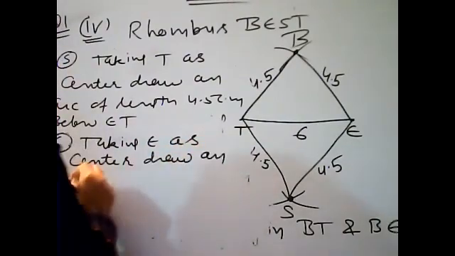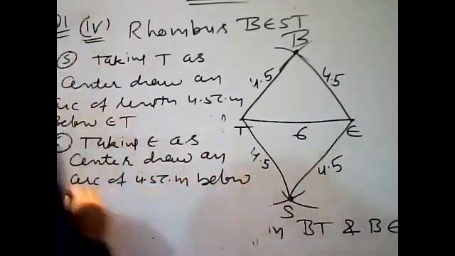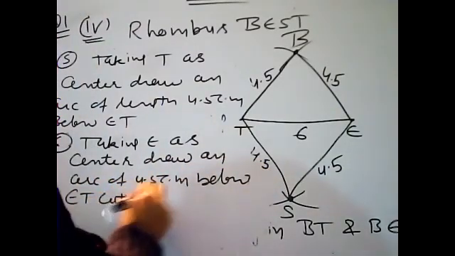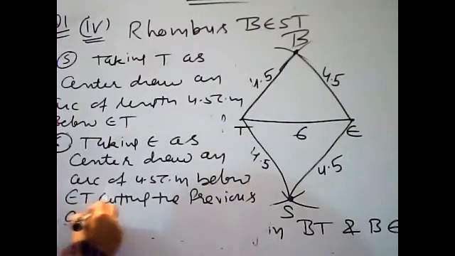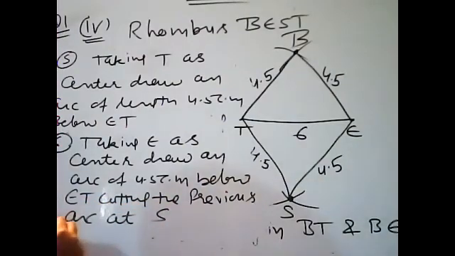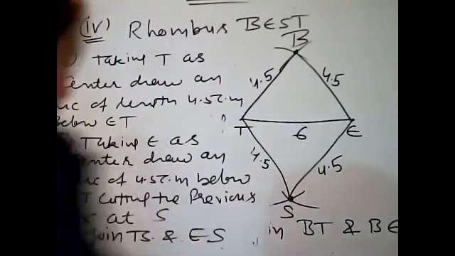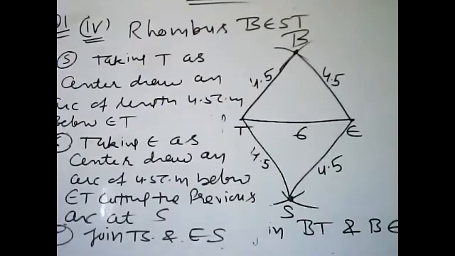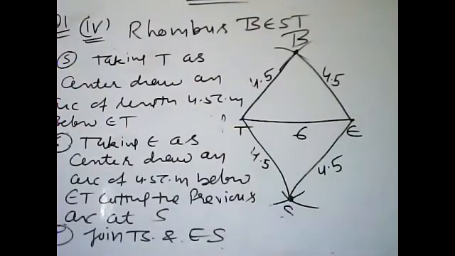Draw an arc of 4.5 centimeter below ET, cutting the previous arc at S. Seventh step, join TS and ES.